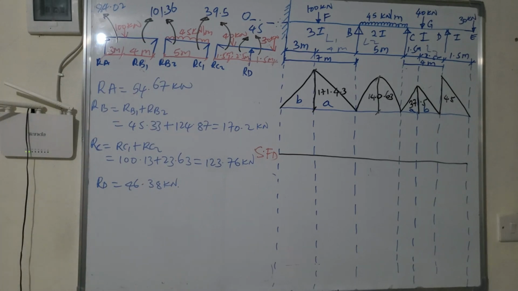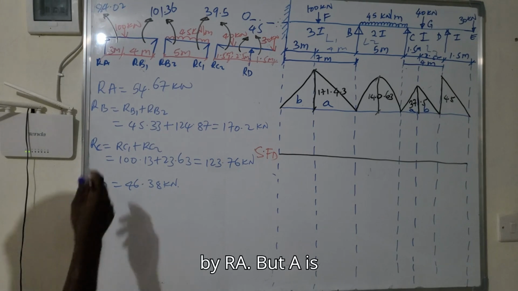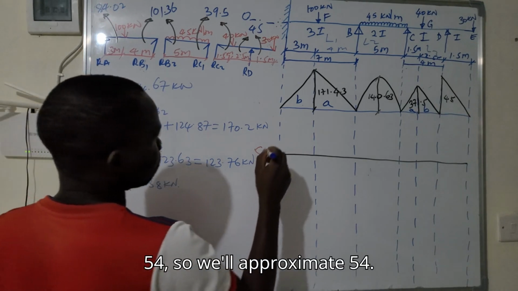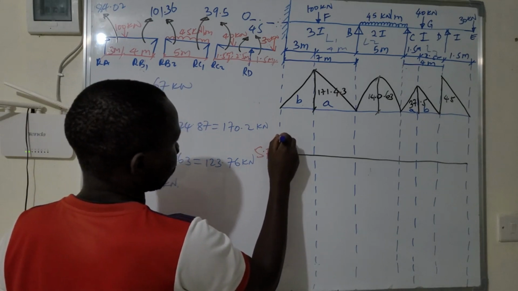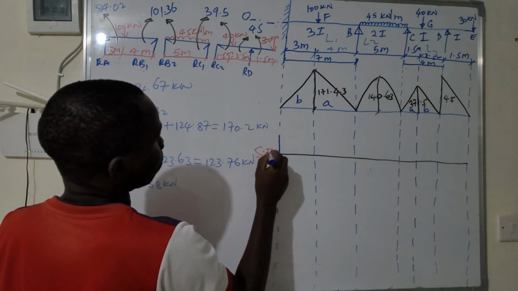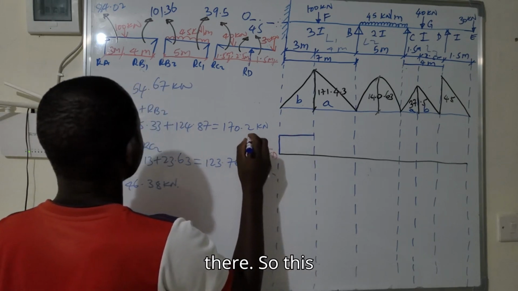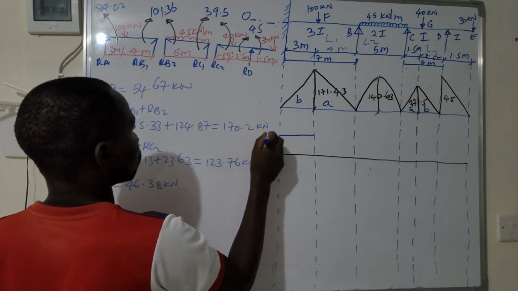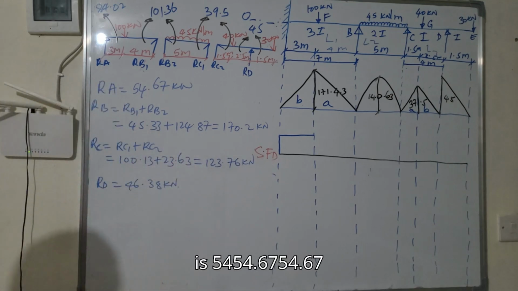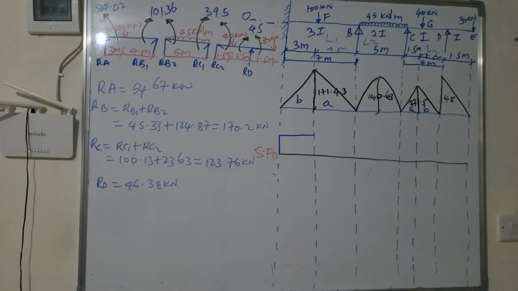So we will start by RA. RA is 54.67, so we will approximate 54, around there.